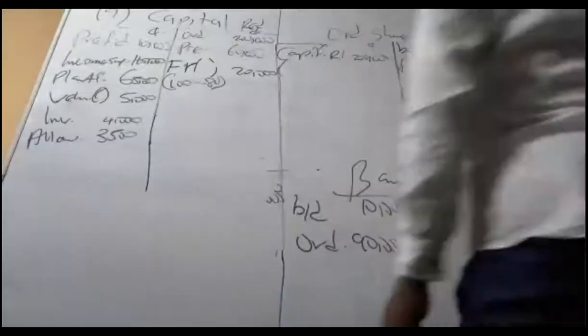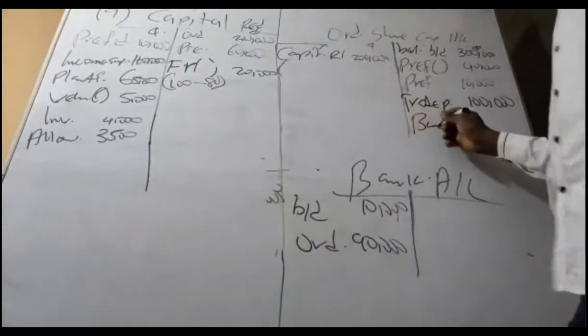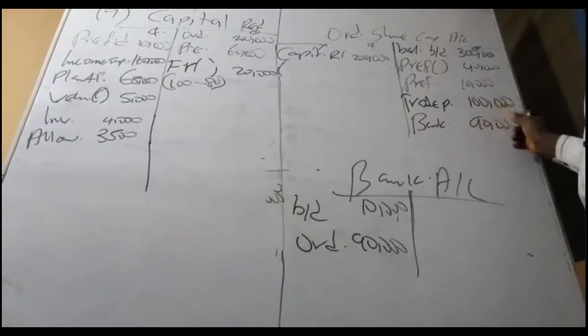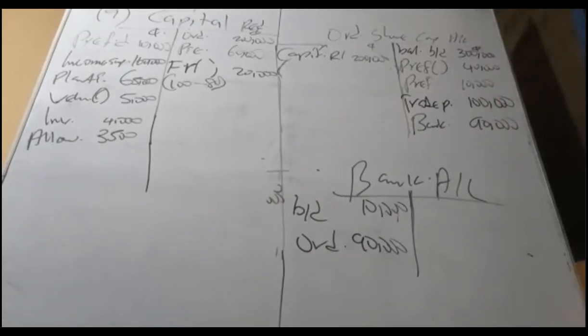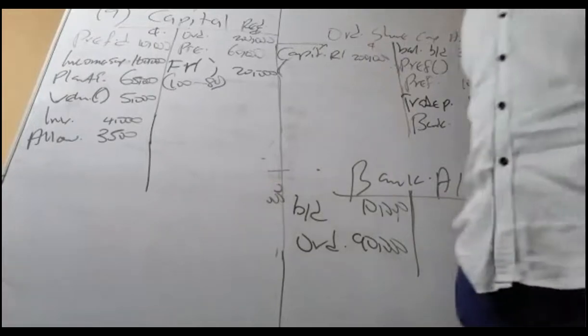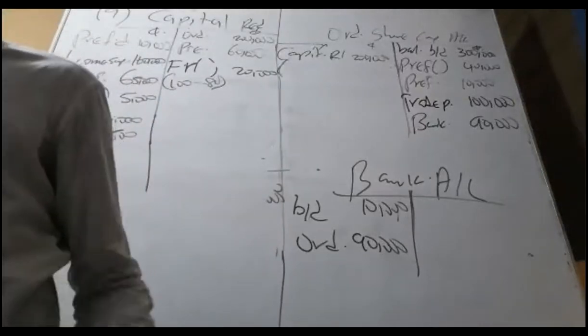Now come to ordinary shares, so right here, bank 90,000. So they've issued additional ones. So I'll post these two entries, then you are done. Okay. Then we continue.